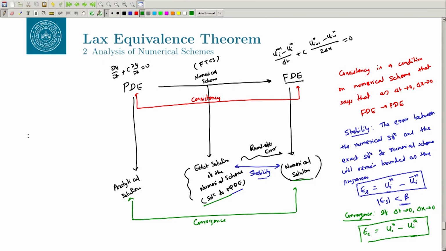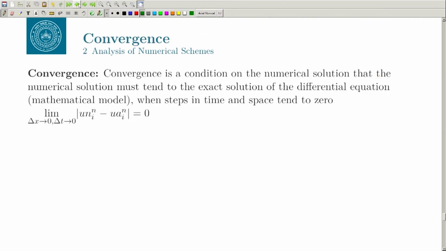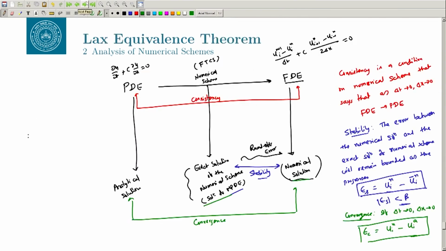Okay. And the convergence basically connects your numerical solution to your analytical solution, and it says that if your delta t and delta x are very small, then your numerical solution will approach the analytical solution. So, the difference between the two goes to 0 as your delta t and delta x go to 0. Okay. So, I hope this diagram is clear to you.